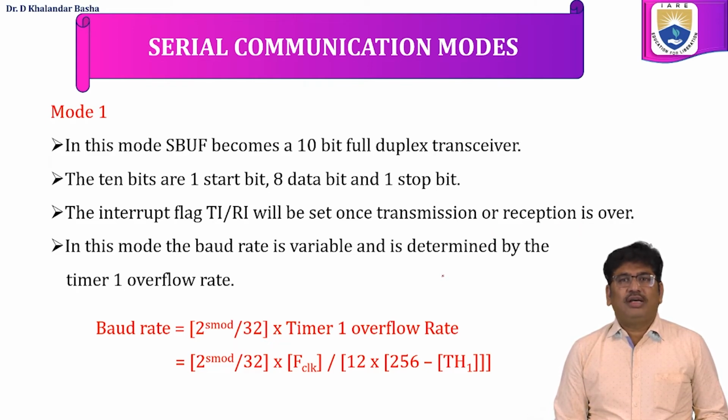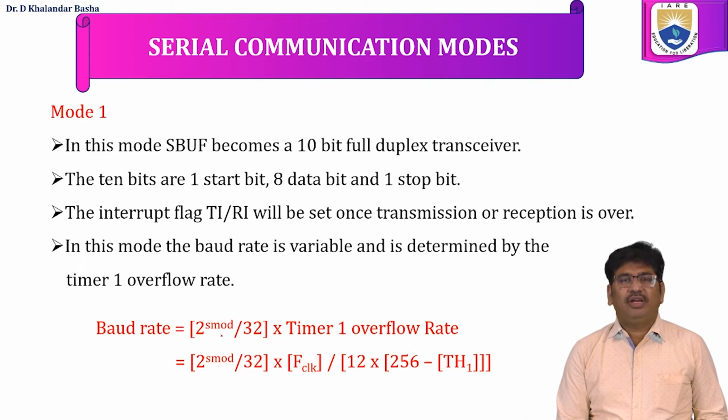In this mode, the baud rate is variable and is determined by the timer 1 overflow. The baud rate we can calculate by 2 to the power of SMOD divided by 32 into timer 1 overflow rate.